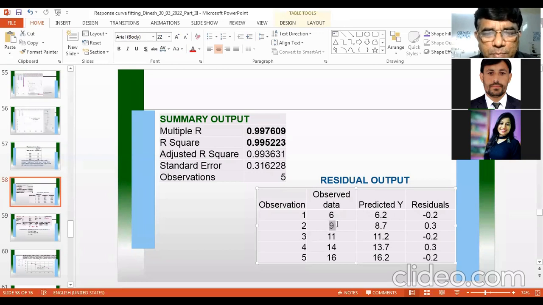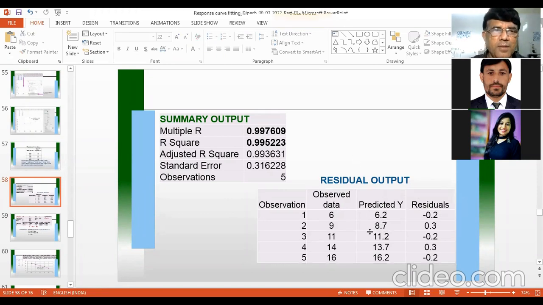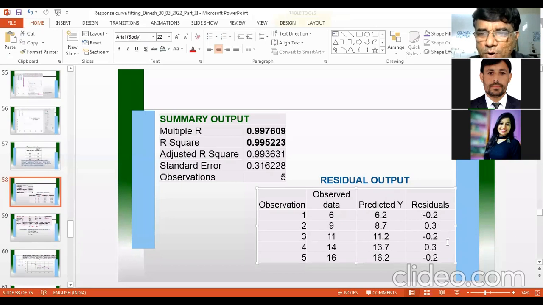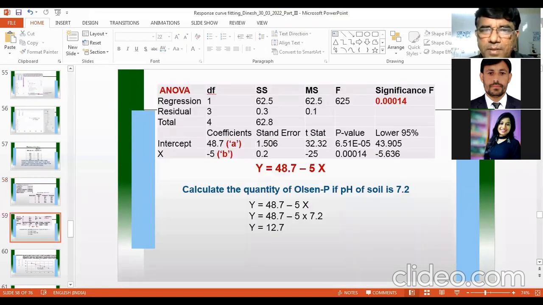If you put 9 in place of X, you will get predicted value 8.7. Excel has given this automatically, but you can get it manually also. And residuals are very small. You can see, out of so much, residuals are small fractions.